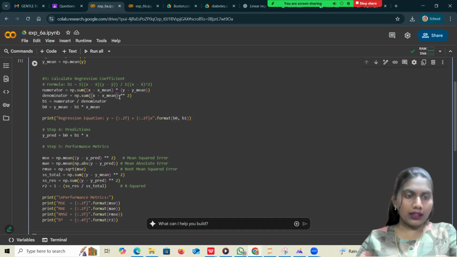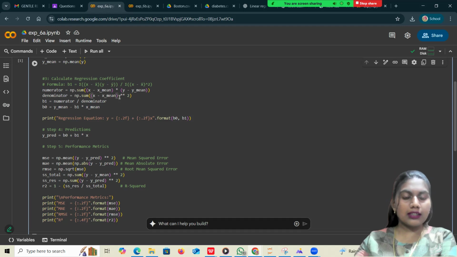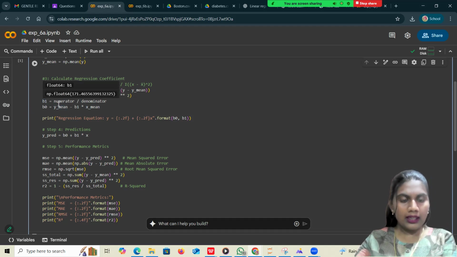So b1 is equal to numerator divided by denominator. The b0 value is equal to the mean of y minus b1 into x mean. So this is our regression coefficient and regression equation.